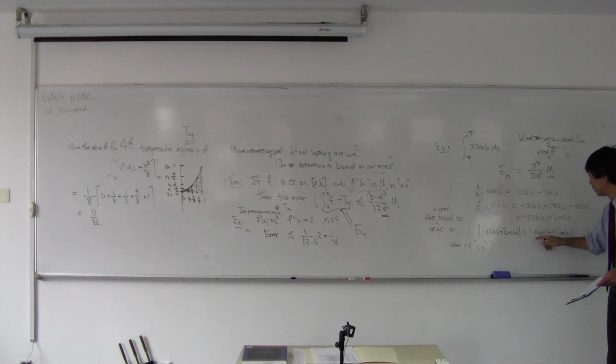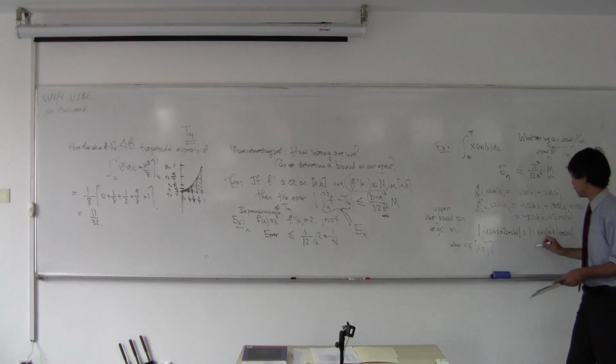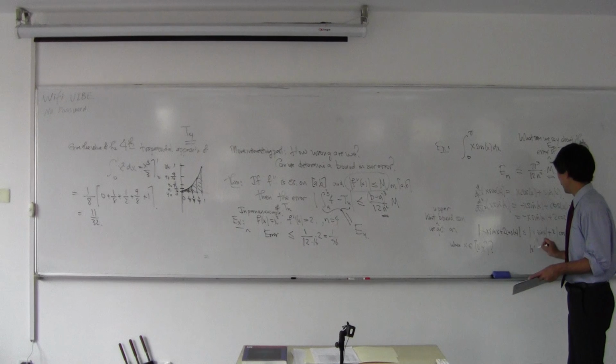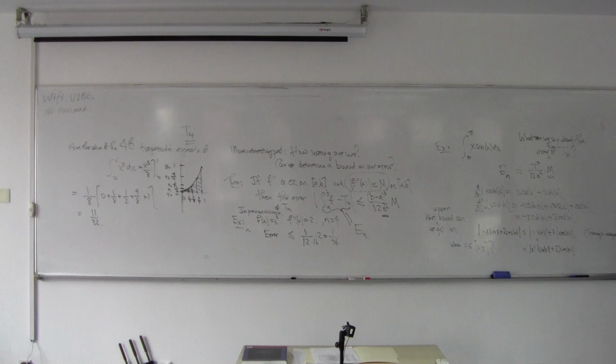Further, I can get rid of the negative sign, and I can write this as the absolute value of x times the absolute value of sine, plus 2 times the absolute value of cosine. Well, what do we know about the cosine? How big could the absolute value of the cosine be?